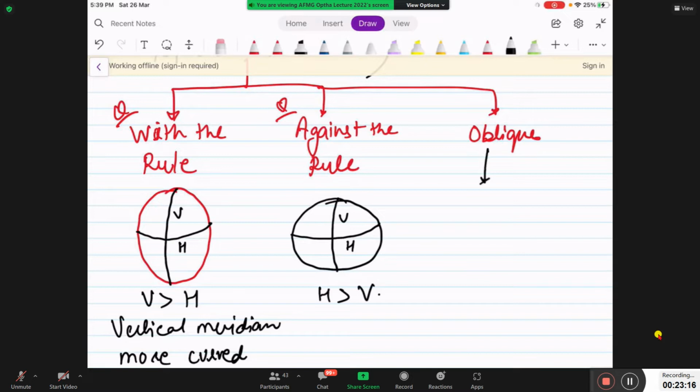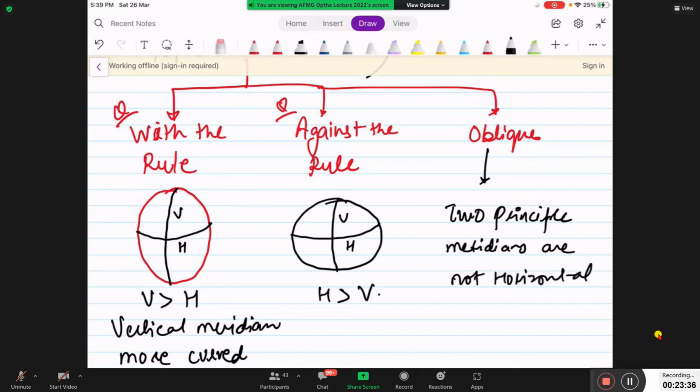Whereas in oblique astigmatism, write down, the two principal meridians are not horizontal and vertical, then it will give you oblique astigmatism.